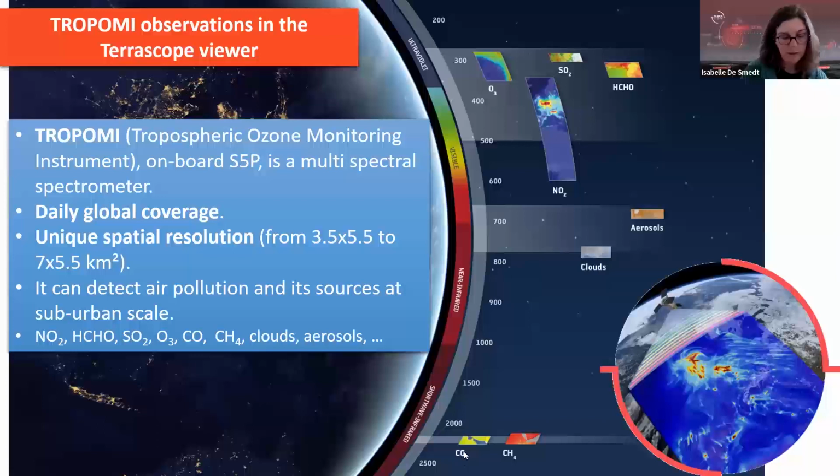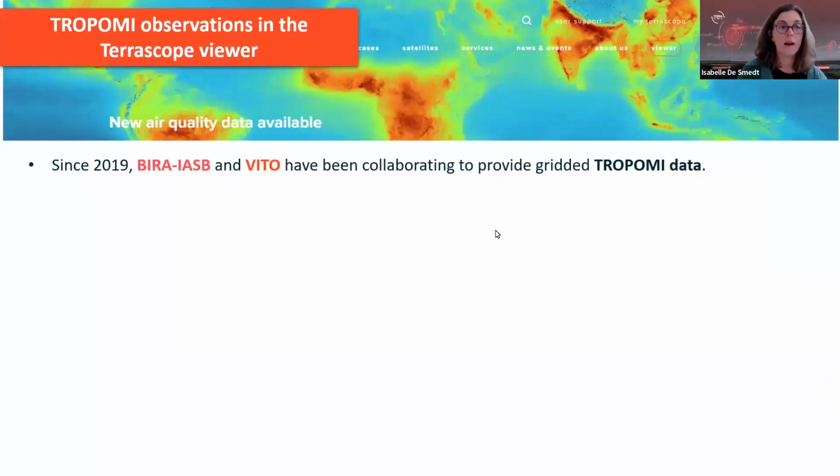This is also a great advantage of TROPOMI, to offer such a large range of wavelengths, and therefore different satellite products, and a good number of molecules observed simultaneously.